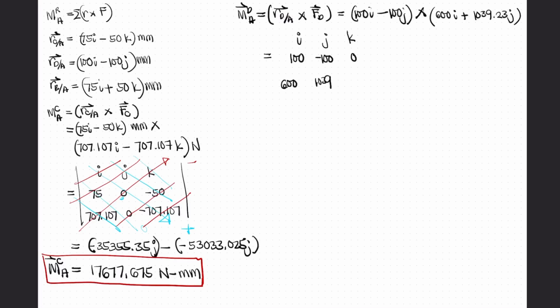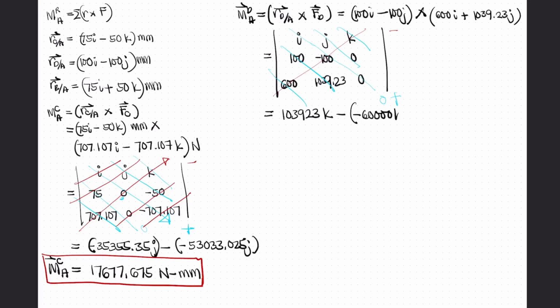600, 10, 39, 0, 0 positive downward, 0, 0, 1, 2, 3 K, minus pasaka negative 60, negative K, 0, 0.